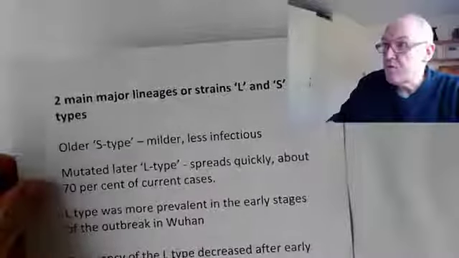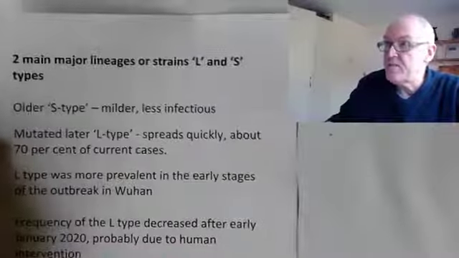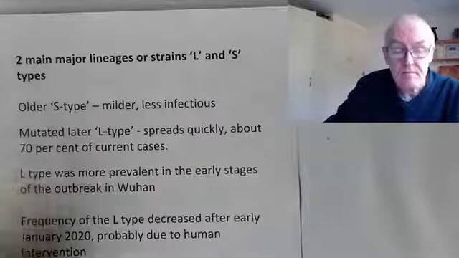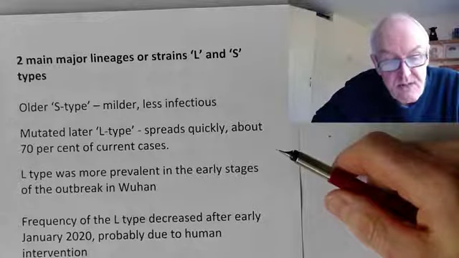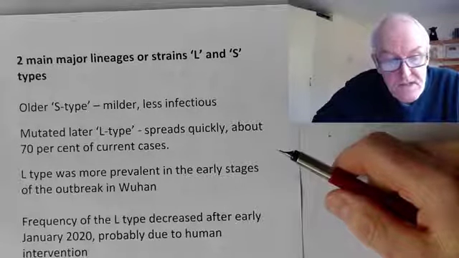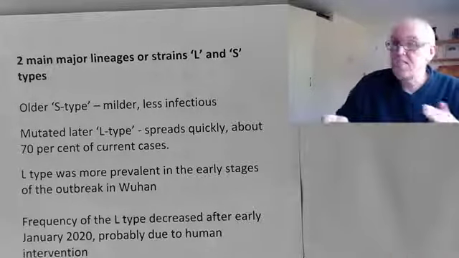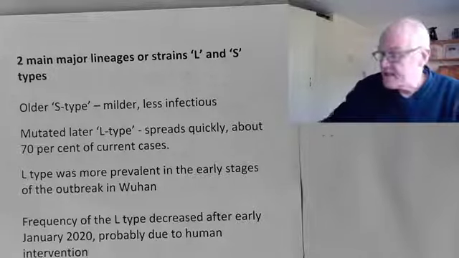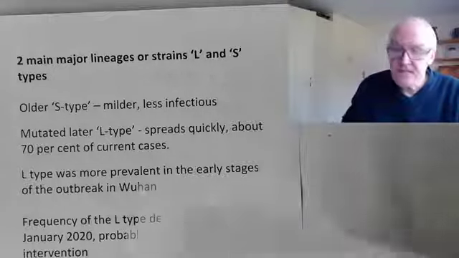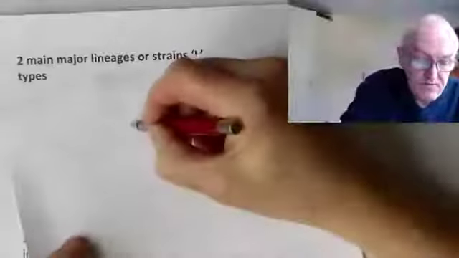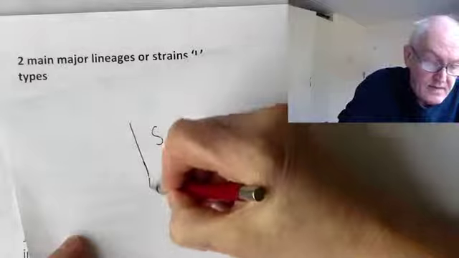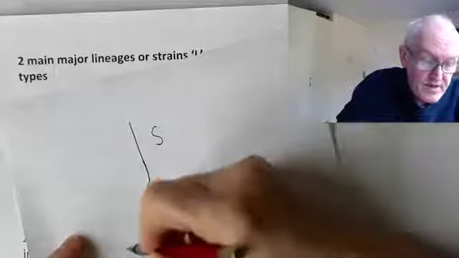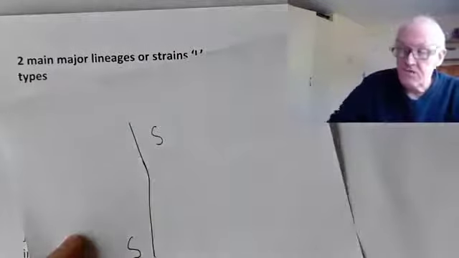But what that meant was that there are now 2 main lineages of the virus called the L strain and the S strain types. So this ancestral virus has split off. What the geneticists think is that there was an ancestral form called the S form of the virus. That was the first form. And this form has carried on reproducing, and so we've got lots of S forms now, probably all over the world.